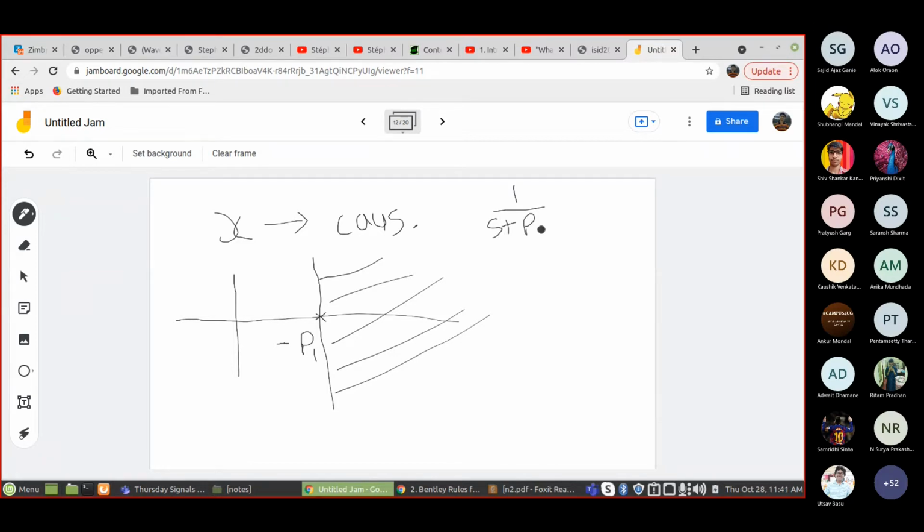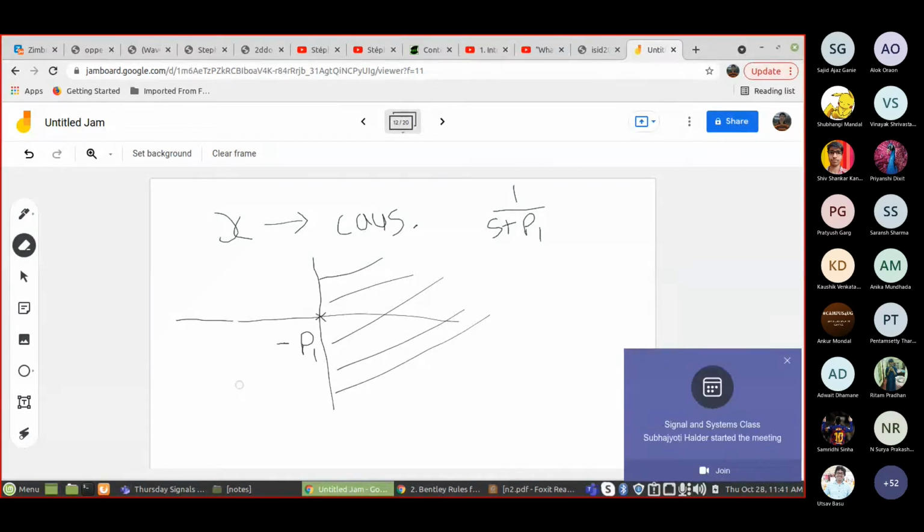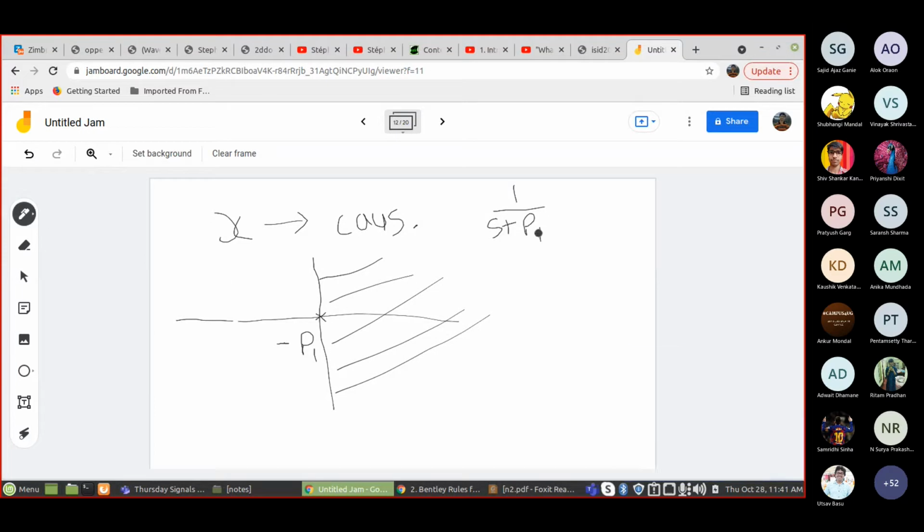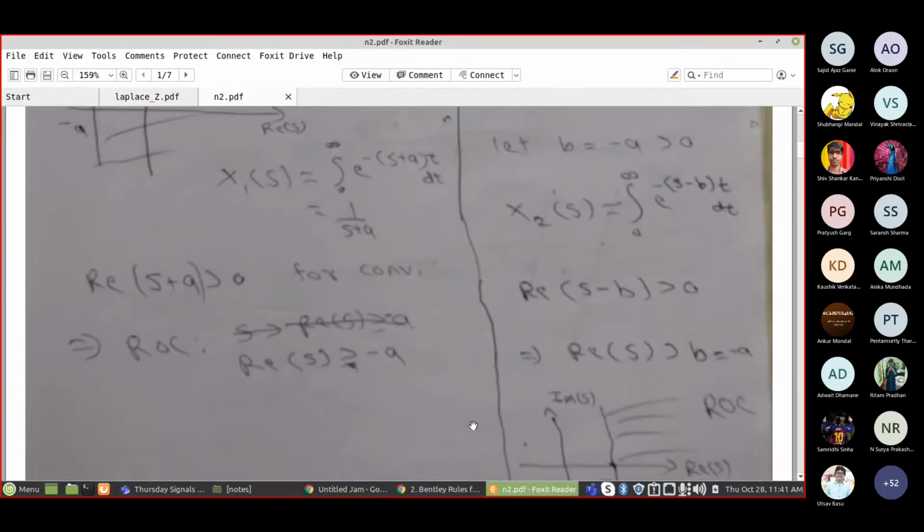Let me erase. Alright, so this was our pole, and we want real part of S plus real part of S to be greater than minus B1 for this integral to converge.